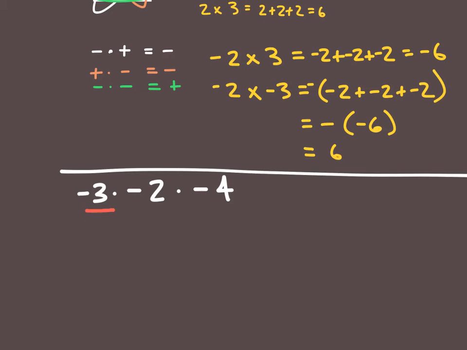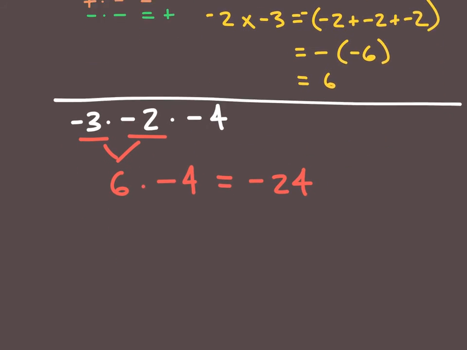Now, if I take negative 3 times negative 2, negative times a negative is going to give me a positive 6. So this is going to give me a positive 6 and then times negative 4. All right, so if I do 6 times negative 4, positive times a negative is going to give me a negative. And so 6 times 4 is 24, so this is negative 24. And that's how I do that, okay?